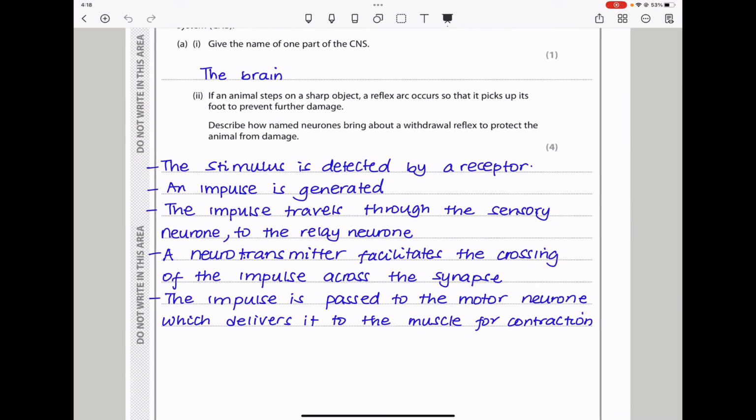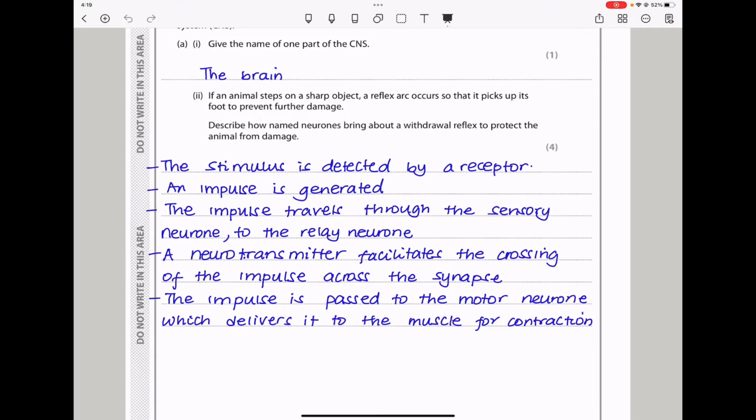Then they say, if an animal steps on a sharp object, a reflex action occurs so that it picks up its foot to prevent further damage. Describe how named neurons bring about a withdrawal reflex to protect the animal from damage. Now, a stimulus like stepping on a sharp object is going to be detected by a receptor, and then an impulse is going to be generated.